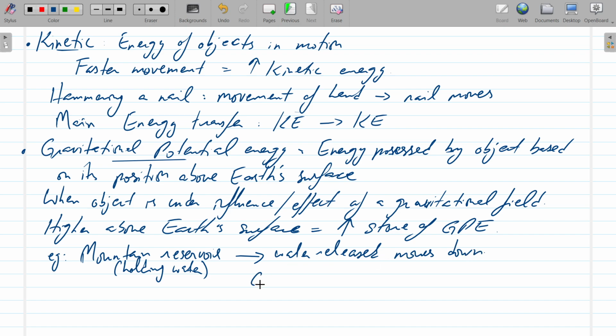The energy transfer that you have is gravitational potential energy, in this case being converted to kinetic energy. Make sense? Any questions? No. Okay.